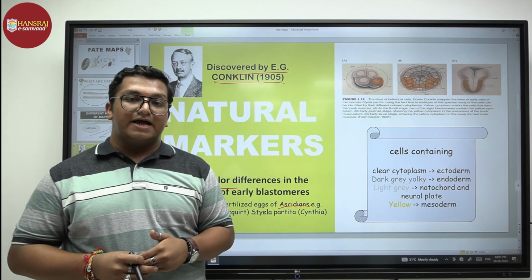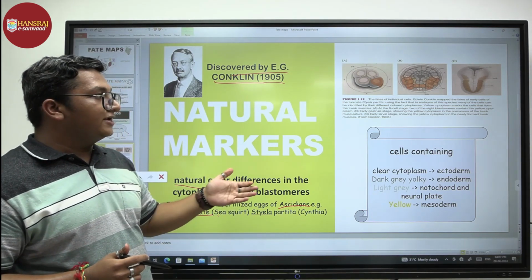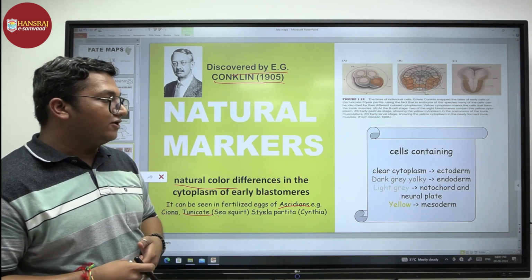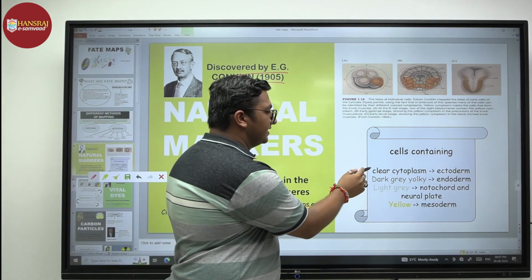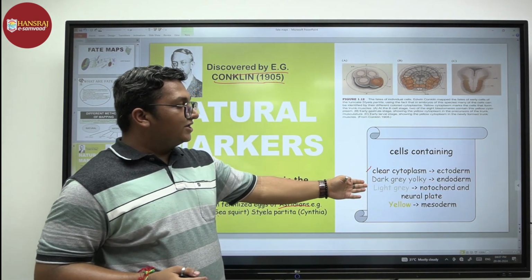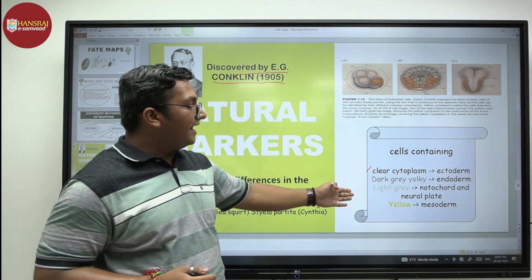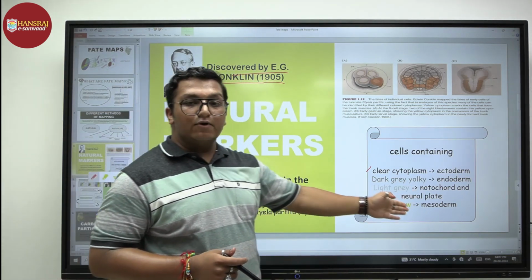In that, the blastomeres have particular colors in them, through which we can map the fate of the cells. I have mentioned here that the cells which contain clear cytoplasm are going to form the ectoderm. The dark gray yolky cells will form the endoderm. The light gray will form the notochord and the neural plate, and the yellow will form the mesoderm.